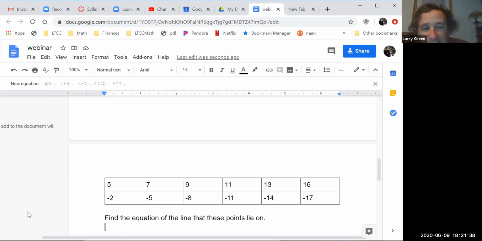Unlike the picture that I showed you before, these points all lie on the same line. So we could pick any 2 points you want. I'm just going to pick the first 2 points. Let me write them down. The first 2 points are (5, -2) and (7, -5). Did I lose anyone there?